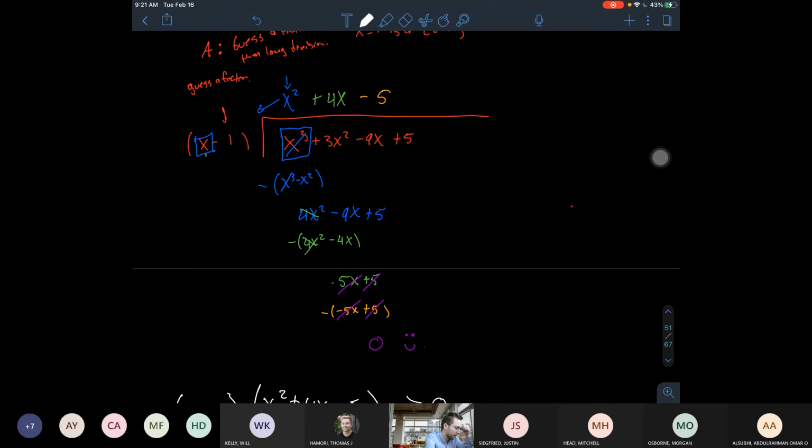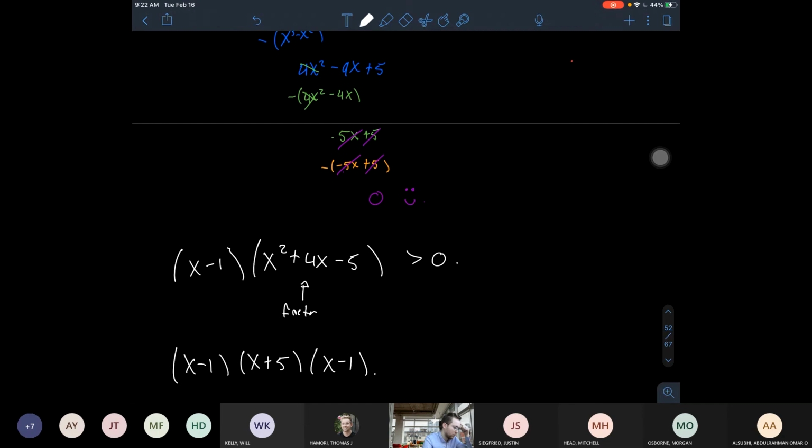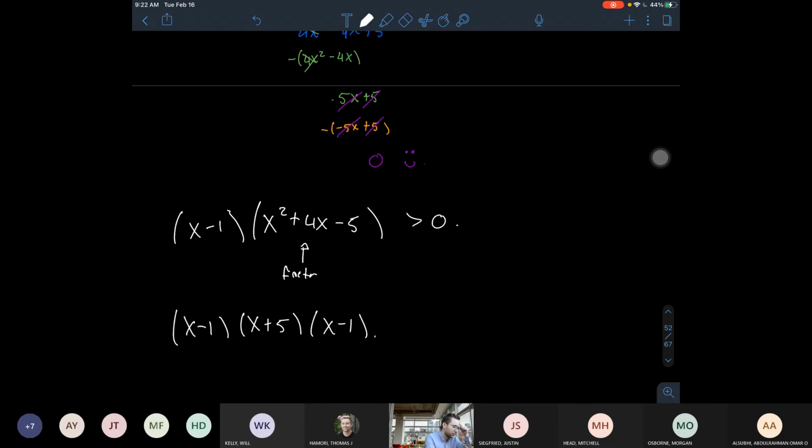So I did x squared. I got minus x cubed minus x squared, so I added the x squared, and I got 4x squared minus 9x plus 5, and then I did subtract, where I did 4x. So negative 9 minus negative 4x is negative 5x plus 5, and all I had to do was subtract 5 and get this. Okay, cool. And then finally, this does factor as x plus 5 and x minus 1. So okay, we get a double root. No problem.